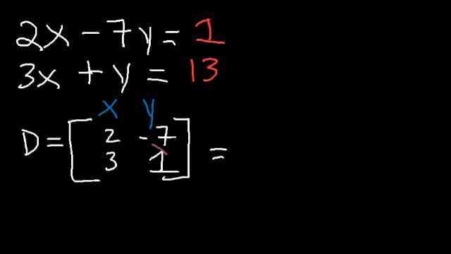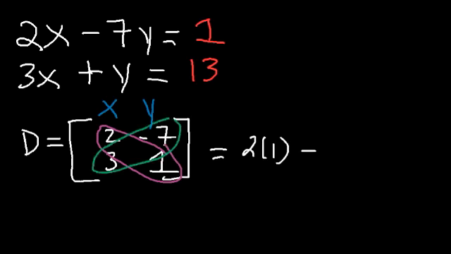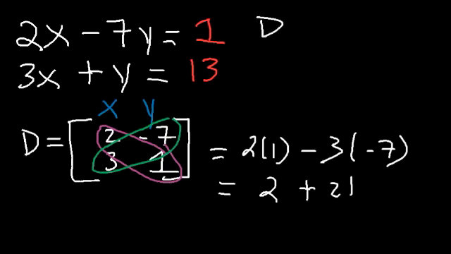So it's going to be 2 times 1 minus 3 times negative 7. 2 times 1 is 2. Negative 3 times negative 7 is positive 21. So therefore we could say that the determinant is 21 plus 2, which is 23.